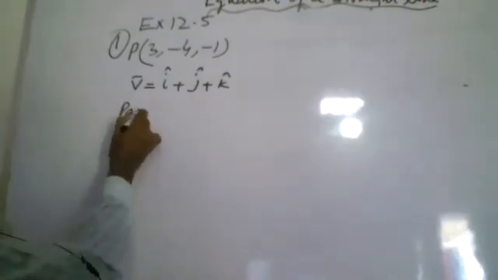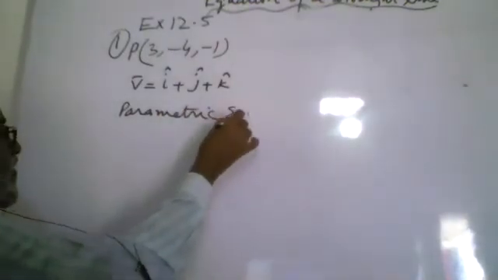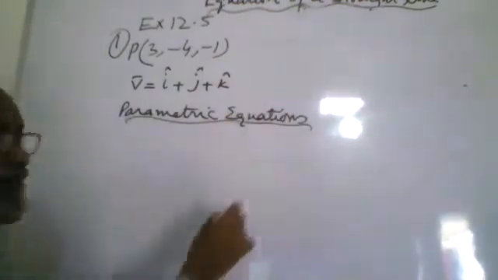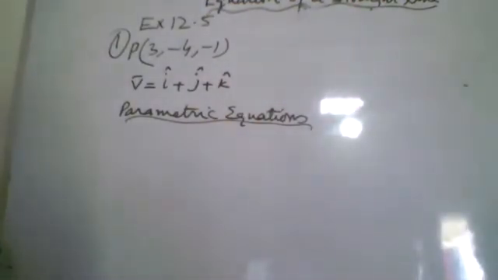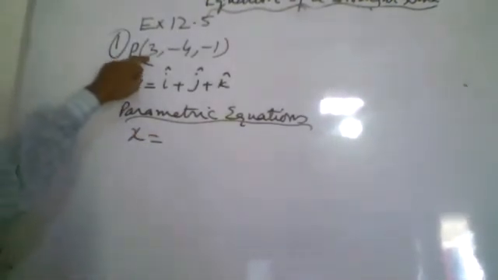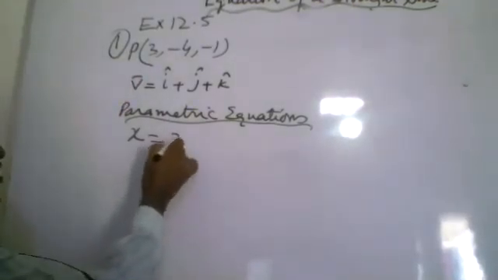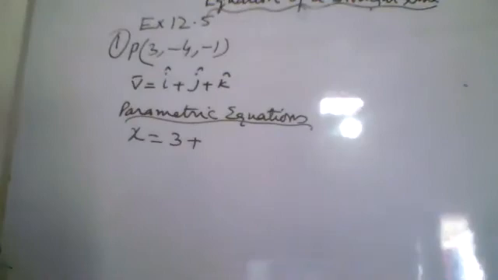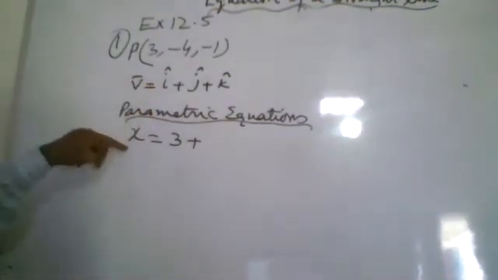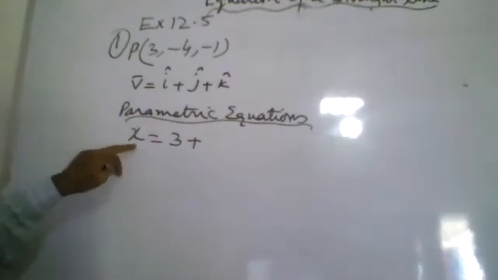Therefore, the parametric equation will be x is equal to the x component of the point, 3, plus the i component of the vector, because it is x.